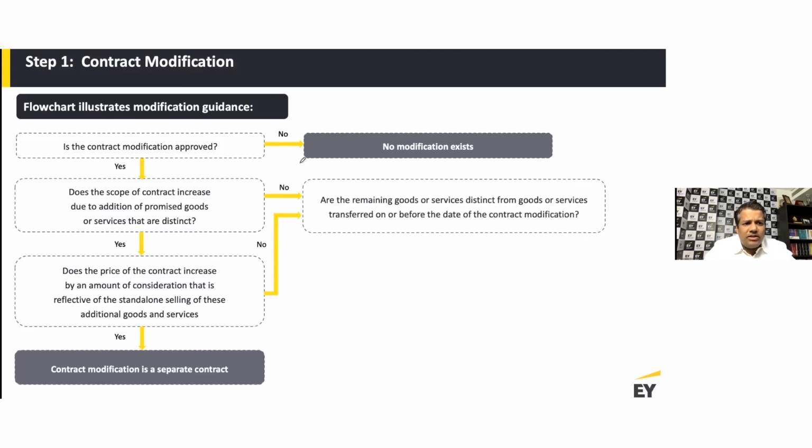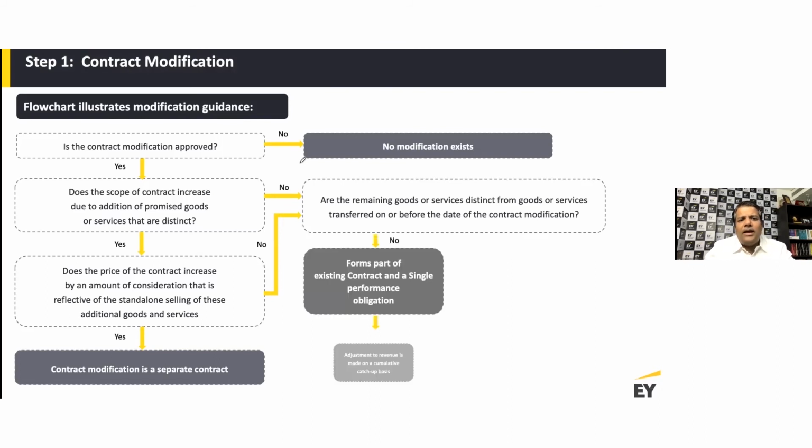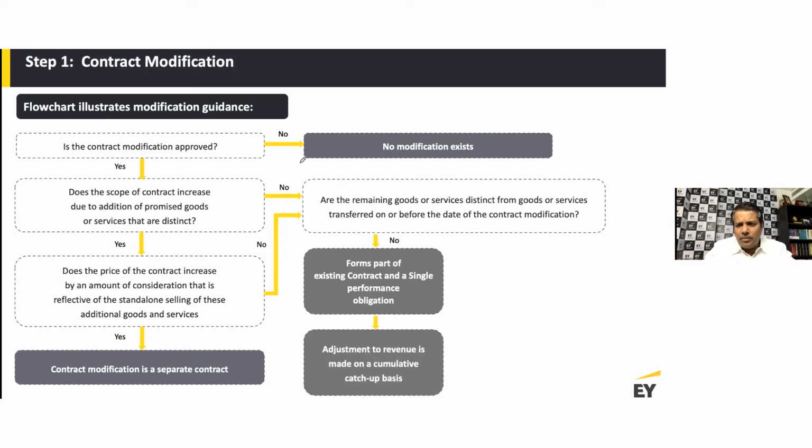If there is no change in scope, then you got to ask the question: are the remaining goods or services distinct from goods or services transferred on or before the date of the contract modification? If the answer to that is no, again, it forms part of the existing contract and a single performance obligation. You got to deal with this as an adjustment to the existing contract price.